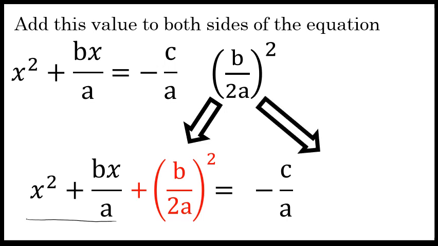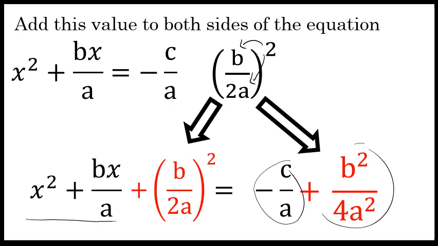Now, on the right side I'll square the numerator and denominator separately and express that as b squared over 4a squared. The reason I'm doing that is in the next step I'll add the two fractions on the right side of the equation, and it's easier to do that if I have squared the numerator and denominator separately.